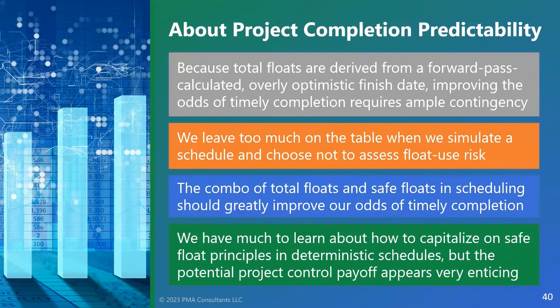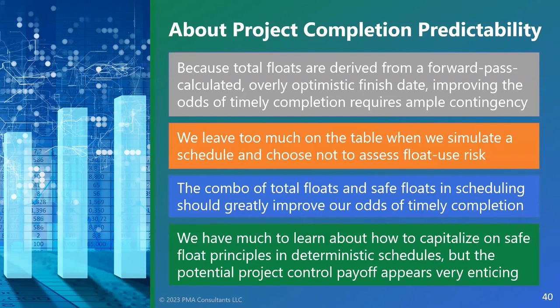This is just a rule of thumb if you don't simulate the schedule. Most people would say 10 to 15% contingency, people call it buffer or schedule reserve, is reasonable. We have a client that requires 20% contingency from your projected finish date to the required project completion date.